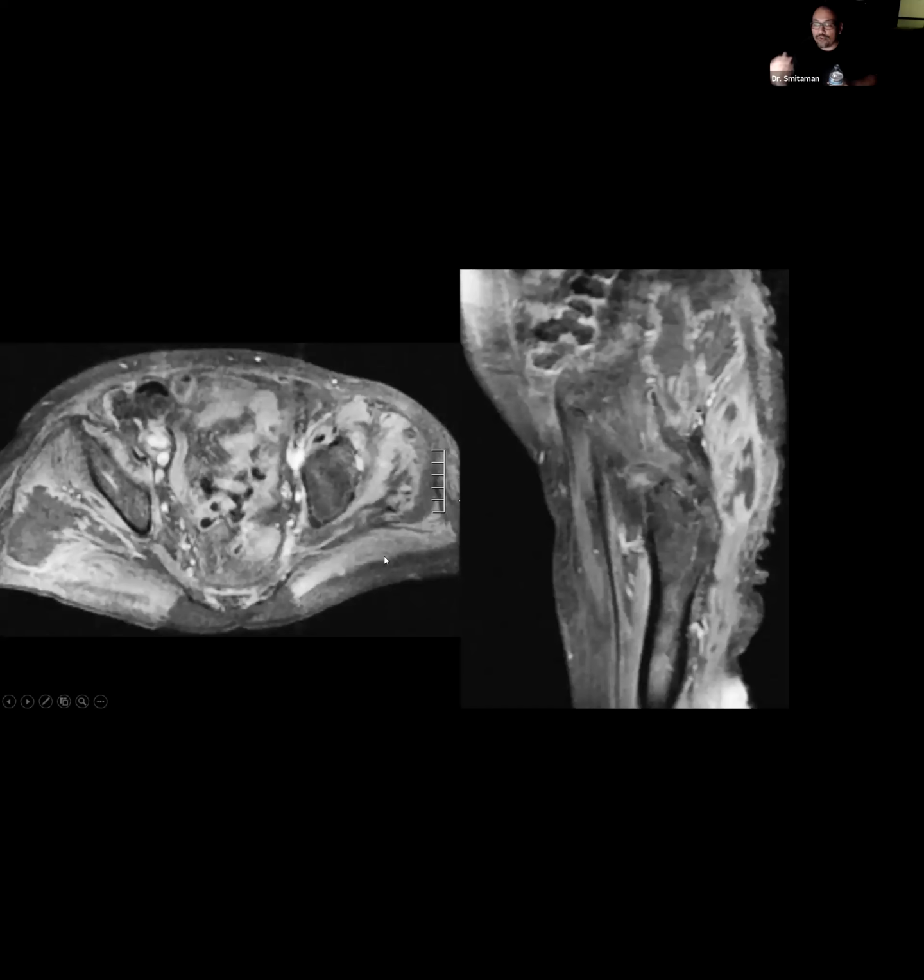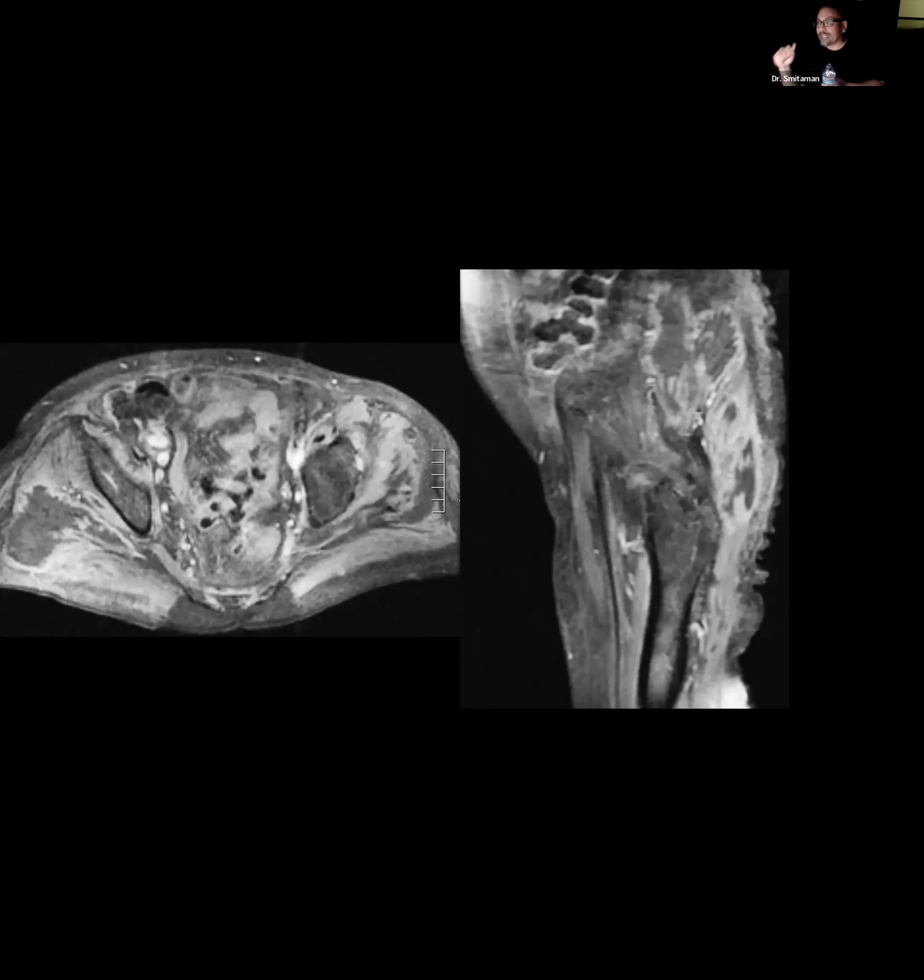The type 2 of myonecrosis, the so-called stipple sign, here we see inhomogeneity with foci of low signal intensity demarcated by areas of non-enhancement involving the gluteal musculature, and the enhancing part is thought to reflect the viable muscle and the inflammatory vessels.